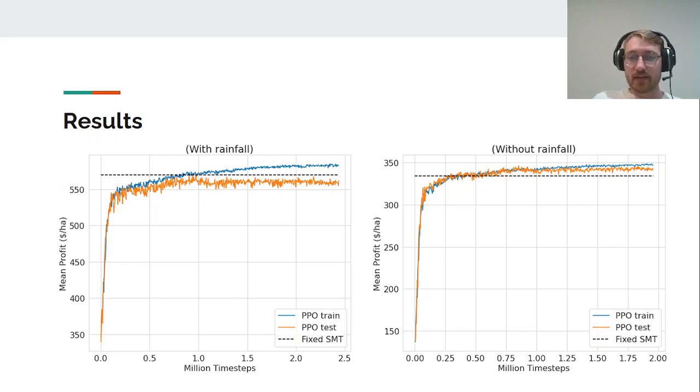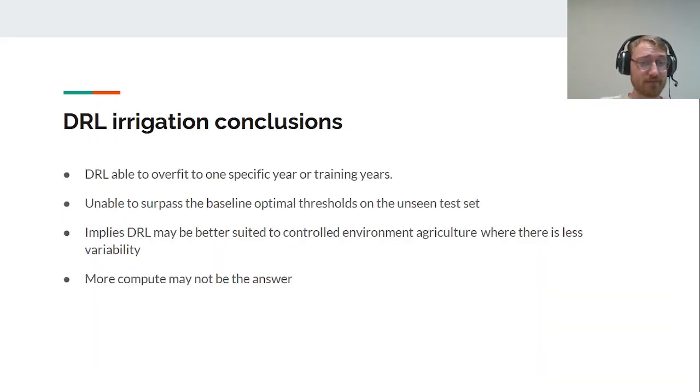The conclusions we can draw from these initial results are, firstly, that the DRL agent is able to overfit to a specific year, as we've done other tests on the side, and it can also overfit to a set of training years.